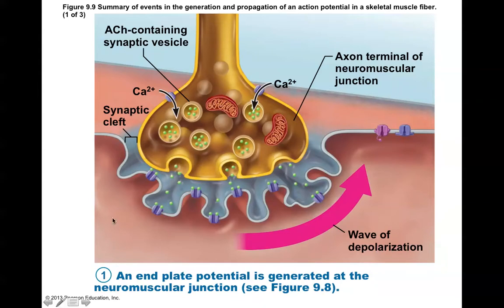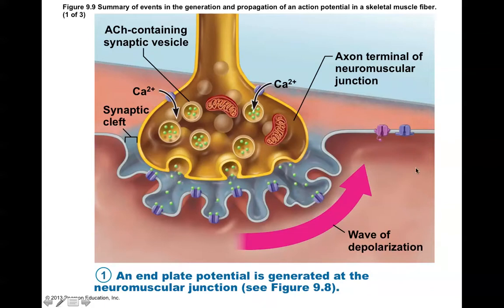It works as a typical ionotropic, or directly working, channel. In other words, the acetylcholine binds, the channel pops open, and sodium rushes into the cell, causing an action potential. And you'll see here that it's going to move down the sarcolemma.